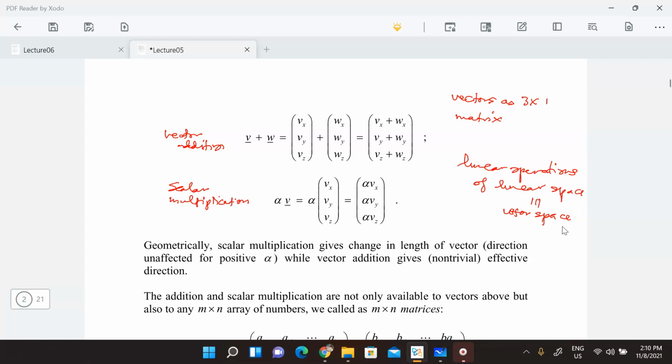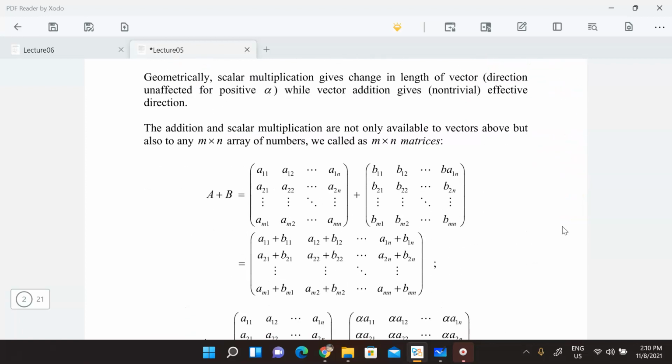Generally, now we go to the general case: all the matrices that you know, which are say an m by n matrix, meaning you have m rows, so here are m rows, and n columns, so let me write here n columns.